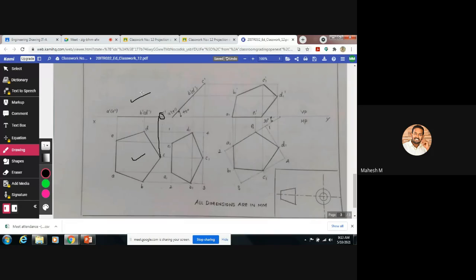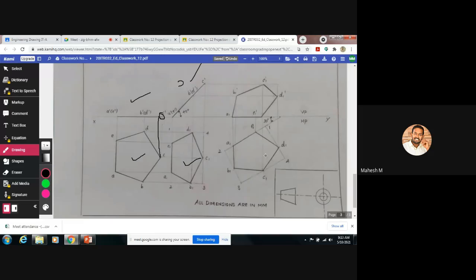So the first diagram is okay, and second diagram is okay, and third one is also right, and fourth one is also okay. So when compared with the fourth, it looks fine, but please look at these dimensions. So 3 to B1.